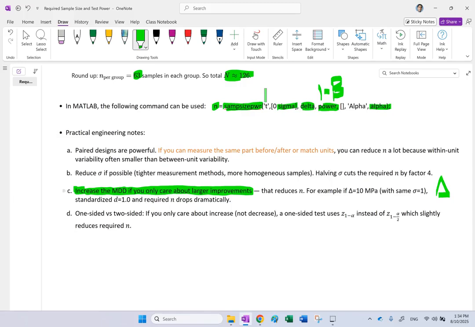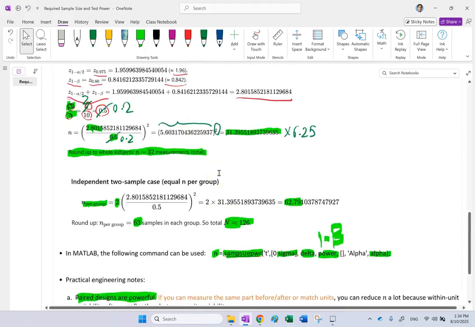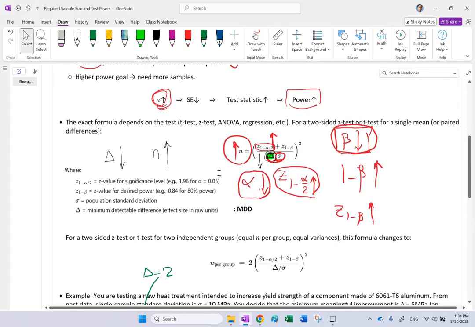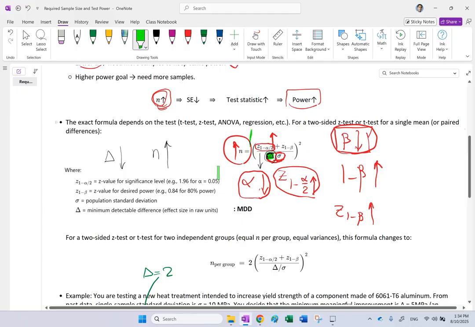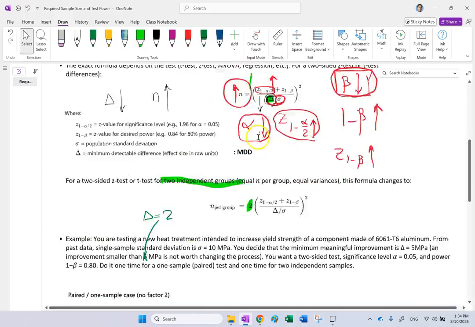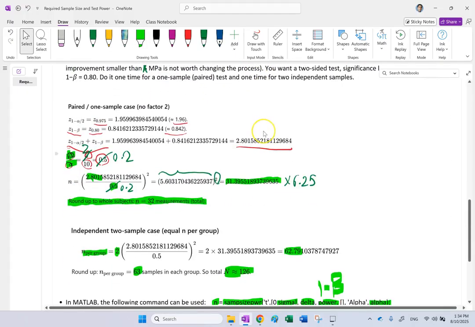The other thing is paired designs are more powerful. Why? Because we just found that if you have a paired test or study, the number behind this squared is 1, but if it's not paired, if it's 2 independent groups, now you have a 2 per group, and since you have 2 groups, you also have to multiply it by another 2.